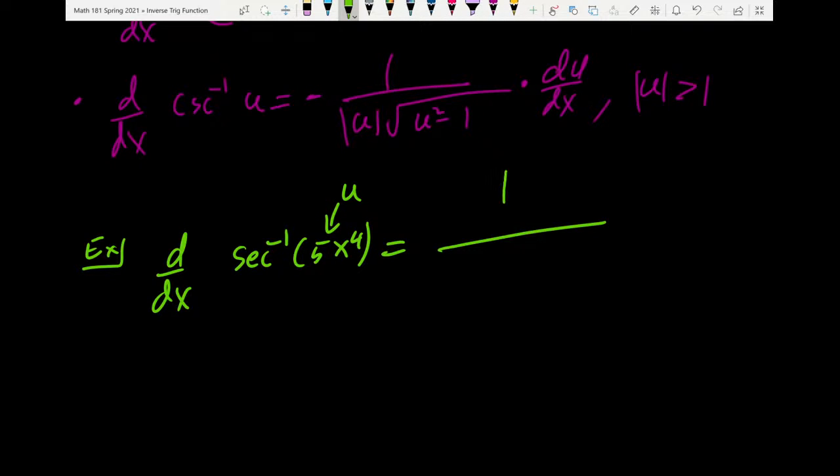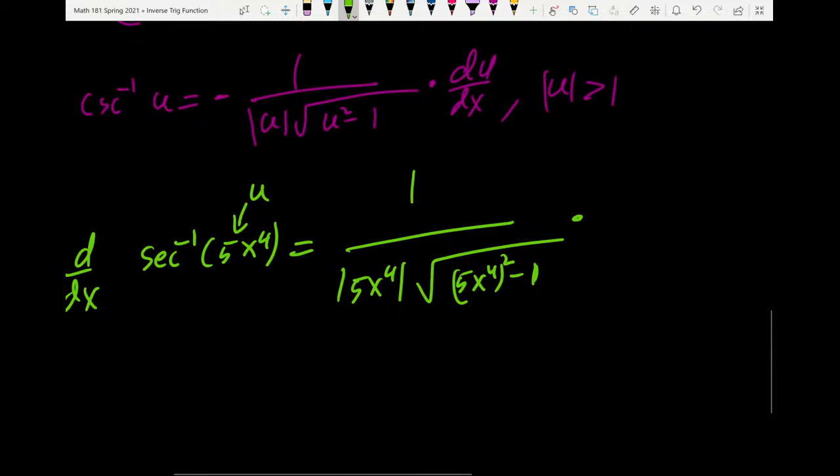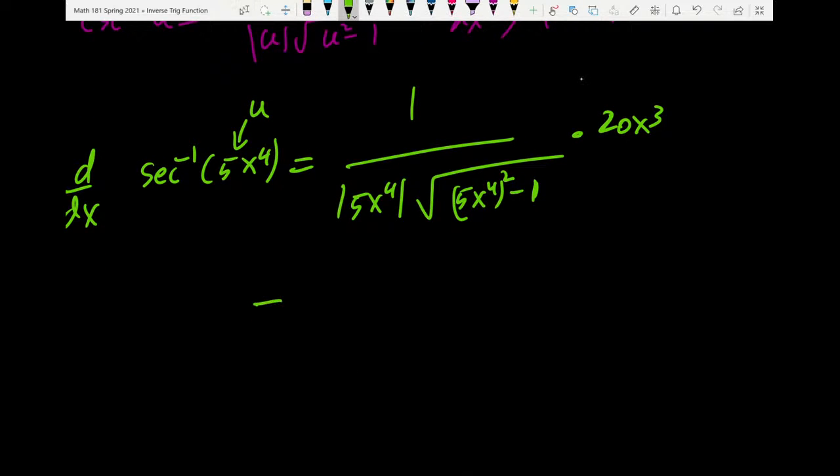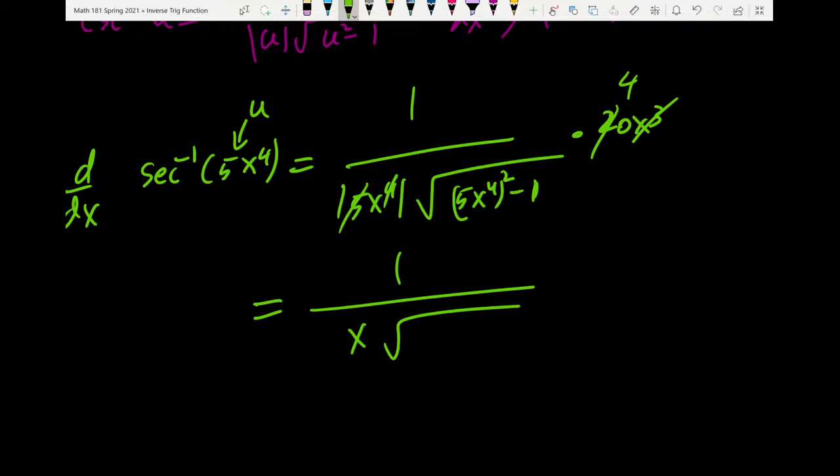So it goes 1 over absolute value of u, and then the square root of u squared minus 1, times the derivative of u, that would be 20x cubed. And we could simplify that for x. So you end up getting 4 over x times the square root of 25x to the 8th minus 1. That's all.